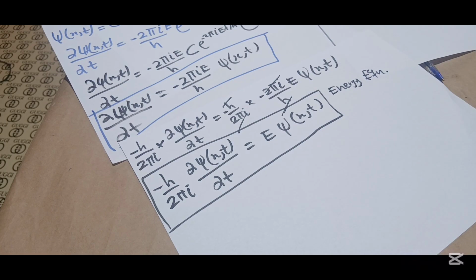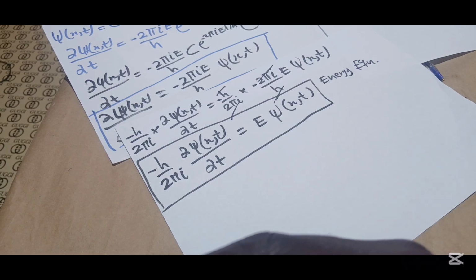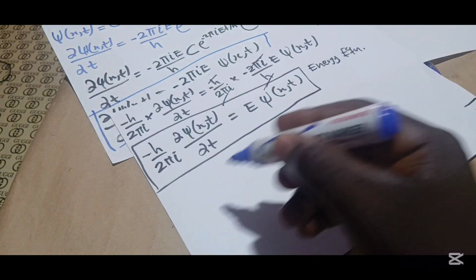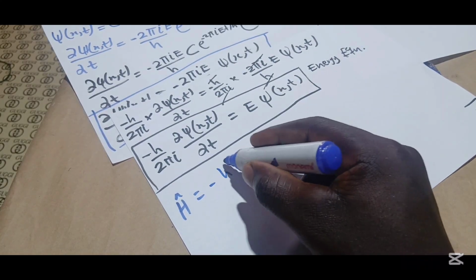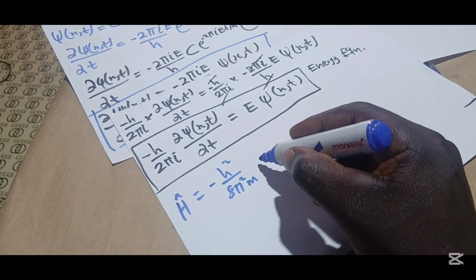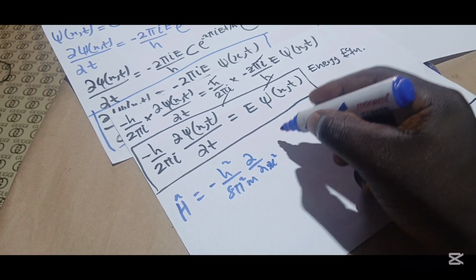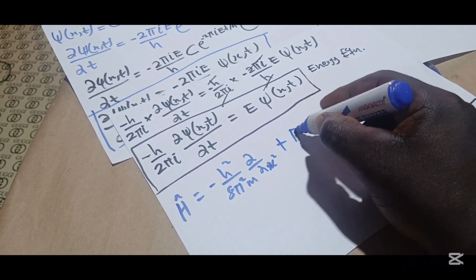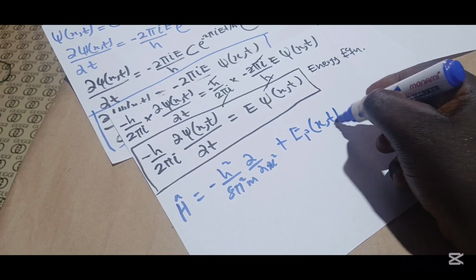So now we know our Hamiltonian operator. We derived it in our previous video to be the Hamiltonian operator equal to minus h squared over 8 pi squared m d squared over dx squared plus the potential energy V of x and t.